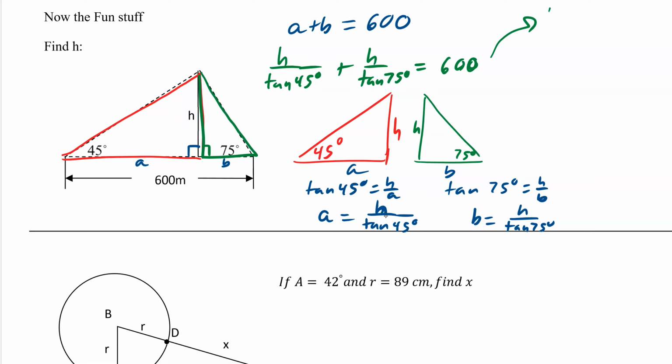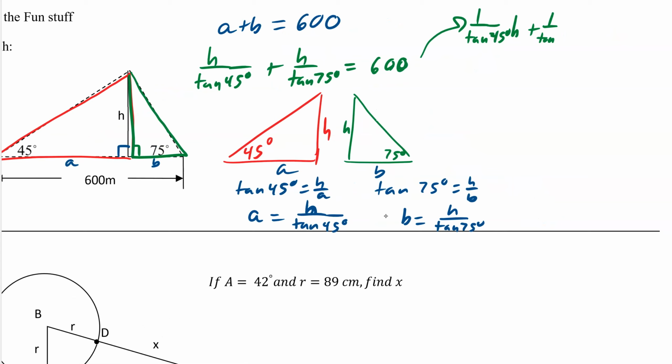So if we solve this, 1 over tangent 45 degrees times h, I'm just breaking it apart now. I want to look at my like terms. So let me rewrite this one. This is 1 over tangent 45 and h. So you can see these are just the coefficients.